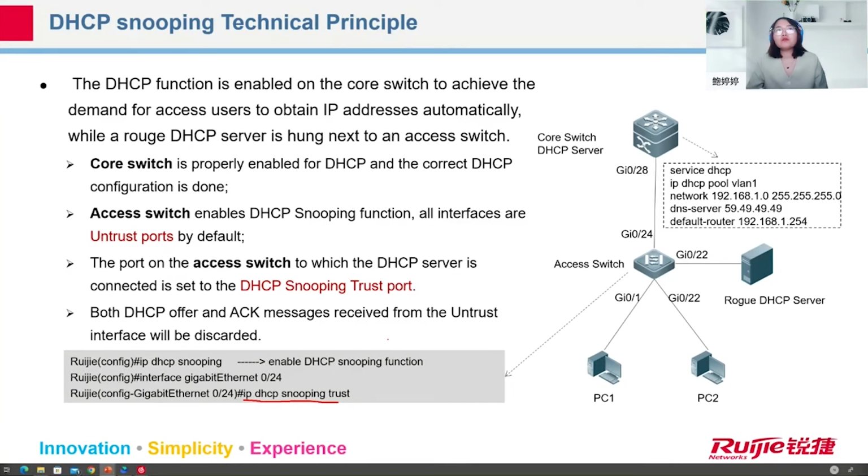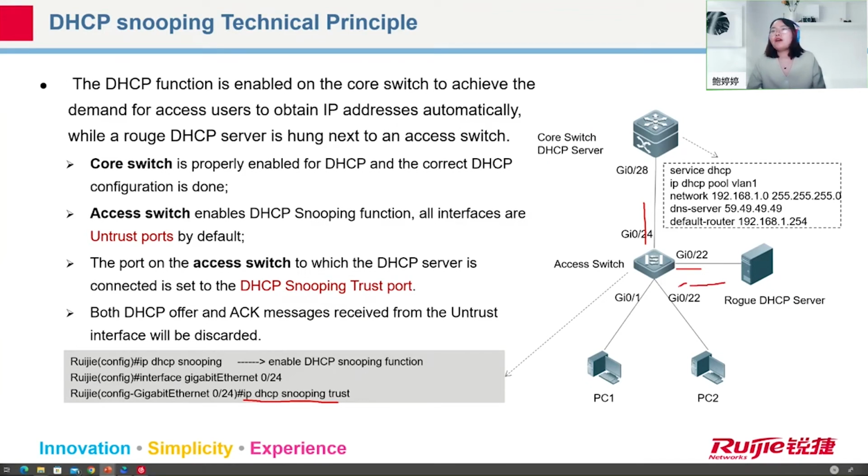After we add the configuration, what's the effect? Both the DHCP offer and ACK messages from a DHCP server received on an untrusted interface will be discarded. So in this scenario, when PC1 sends the discover message to the access switch, it will also be forwarded to the correct server and to the incorrect server.